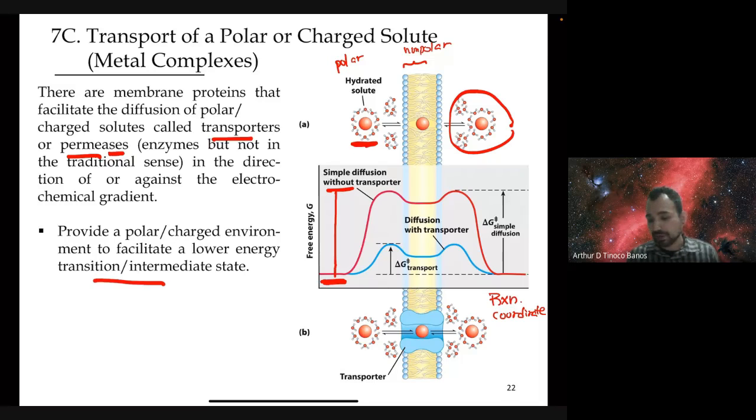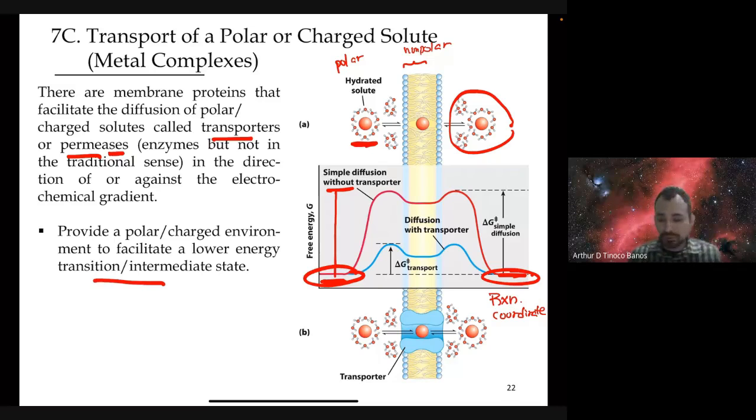And then finally, when you get through the membrane, you again start to have water molecules associated with that species. So in terms of energy, from before and after, there technically is no change in energy. But there is an activation barrier, and that activation barrier is what affects the rate of the movement.